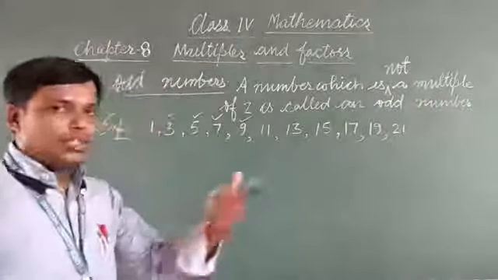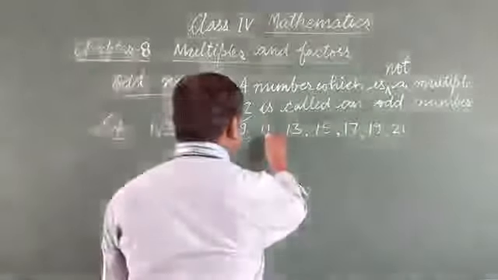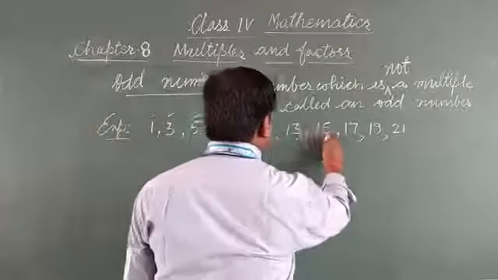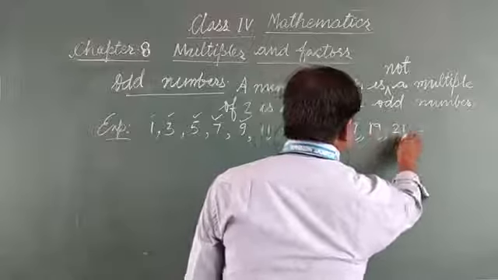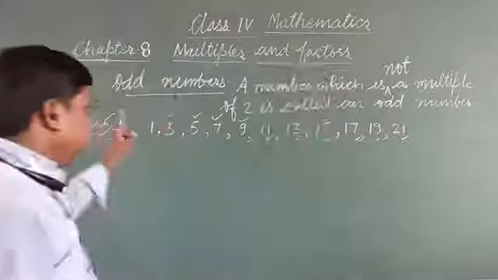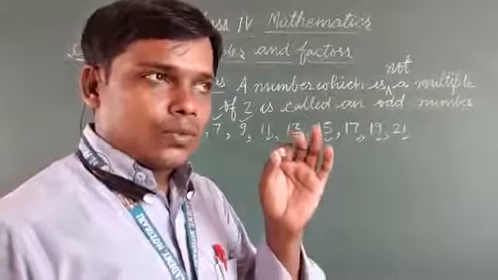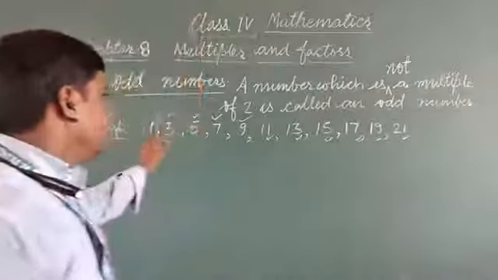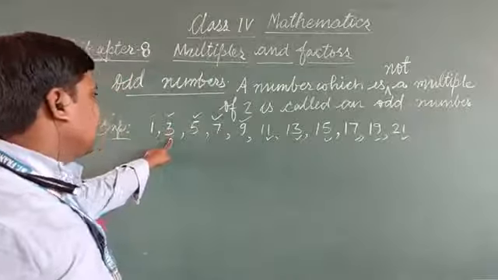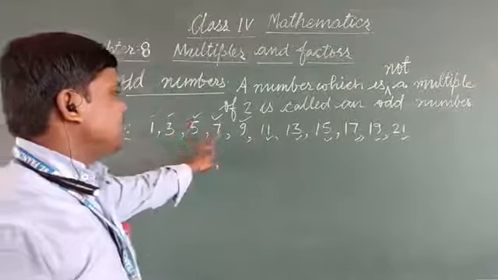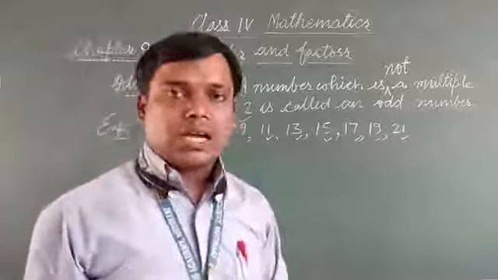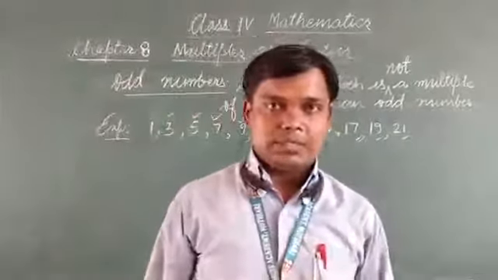When we are having a 2-digit number, we are seeing at the ones place 3, 1, 3, 5, 7, 9. Again at the ones place 1 is coming. Means a number having ones place either 1, 3, 5, 7 or 9 is called an odd number.